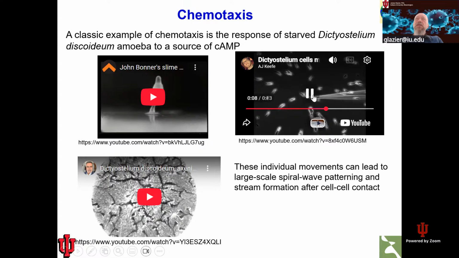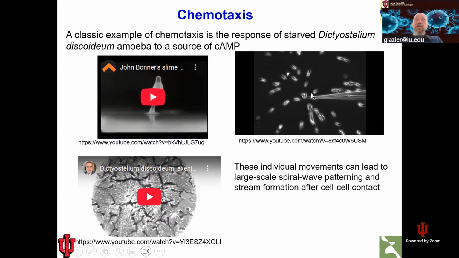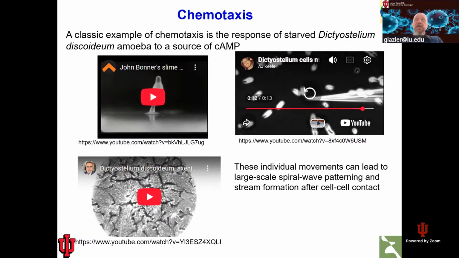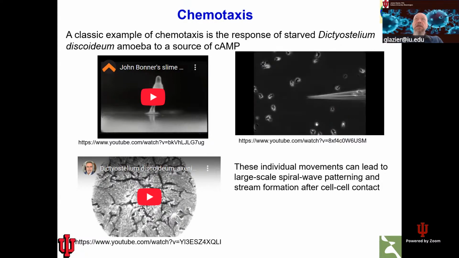And so here you see they have a micropipette. And this micropipette is releasing cyclic AMP into the environment. And these cells are crawling towards the source of cyclic AMP. So this seems like a pretty simple case of chemotaxis to a gradient.